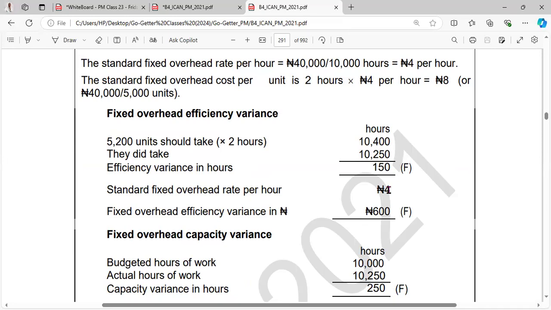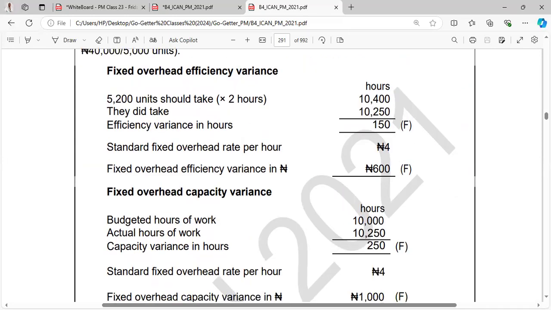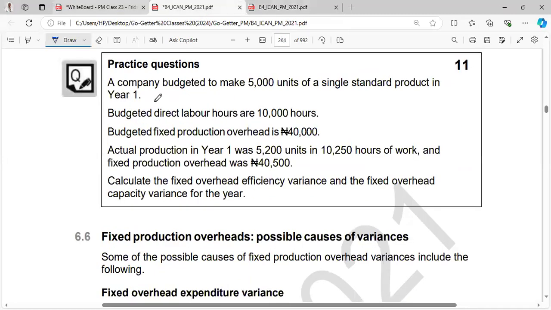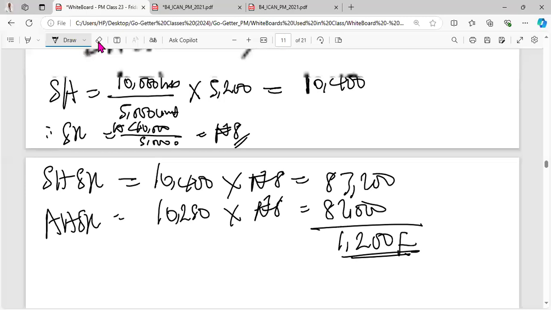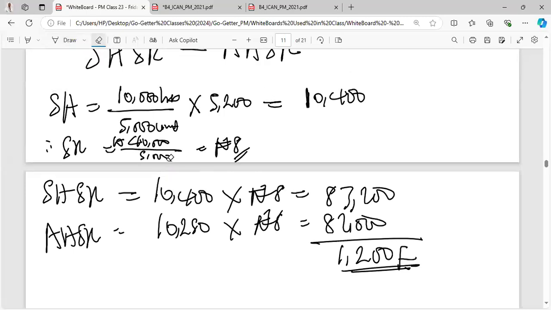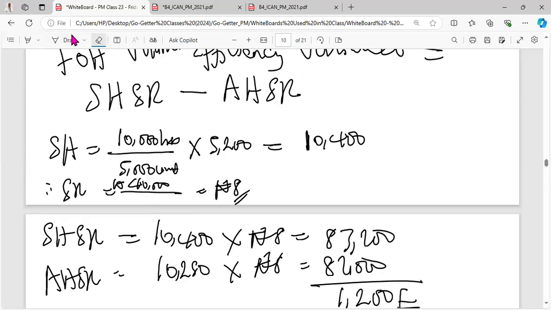It's 4 naira. I went to use 8 naira. It's a mistake. We're talking about hours. For this 10,000 hours, budgeted 40,000 naira. So this is 4 naira per hour. It's 4 naira I should have used here.